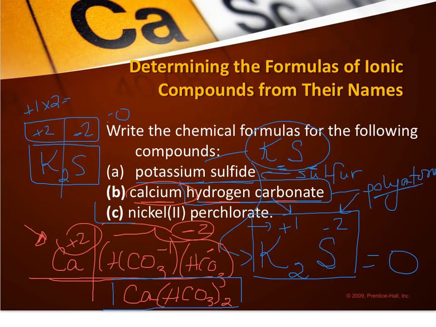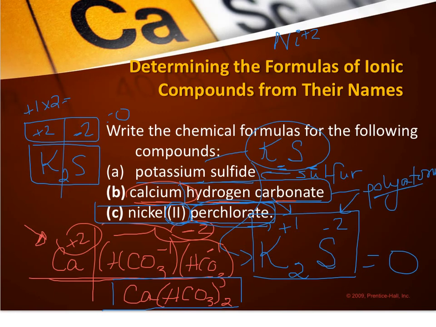Go ahead and try nickel perchlorate, and I've scribbled so much, I guess I can do it at the top up here. All right, so nickel is a transition metal, and the Roman numeral 2 tells us that the charge on nickel in this particular compound is +2. Perchlorate, you should have been able to pick up that that's a polyatomic right away.